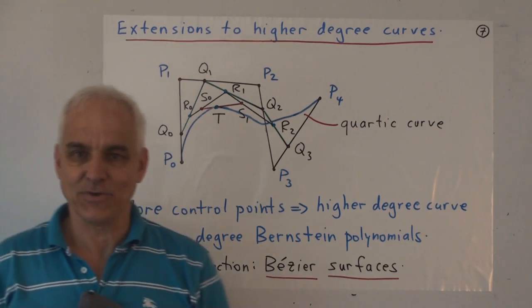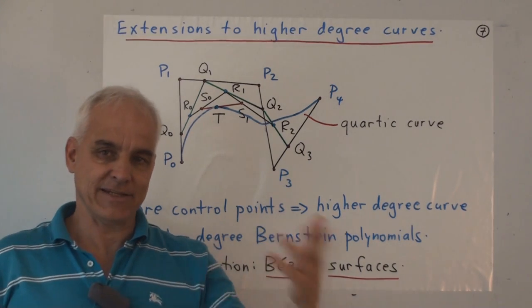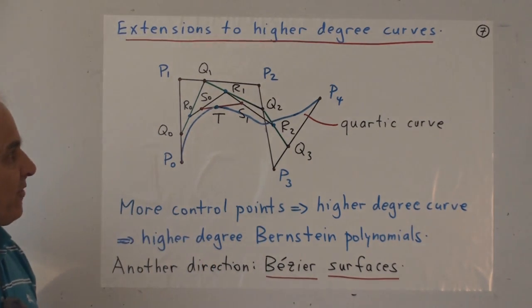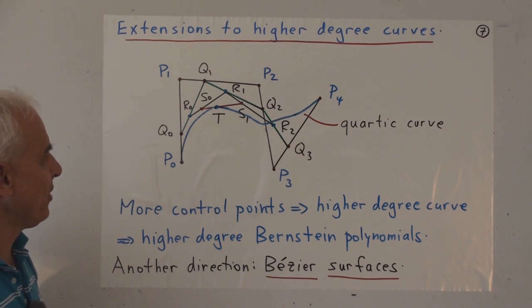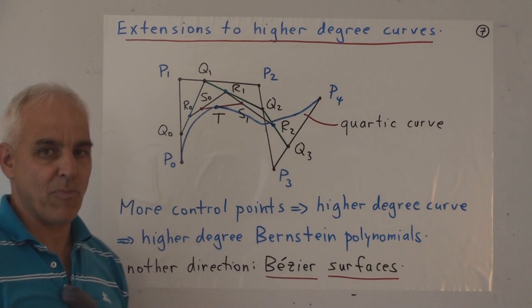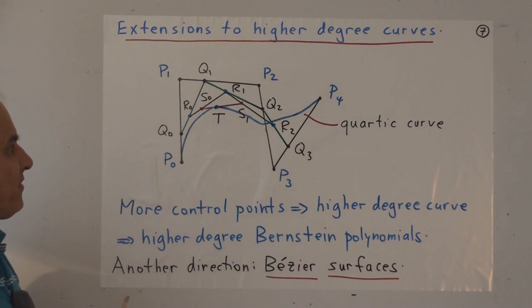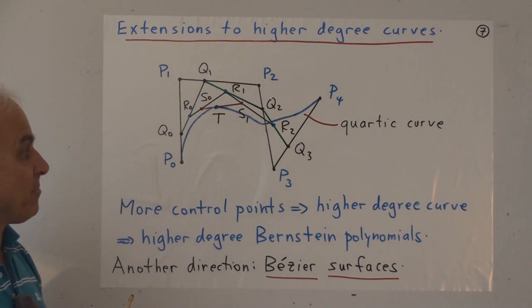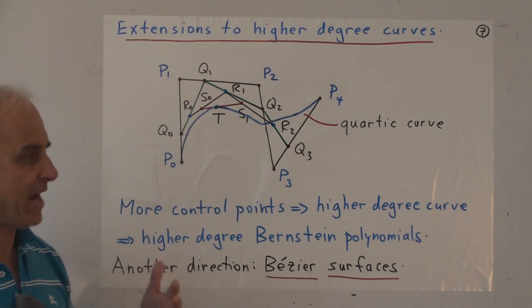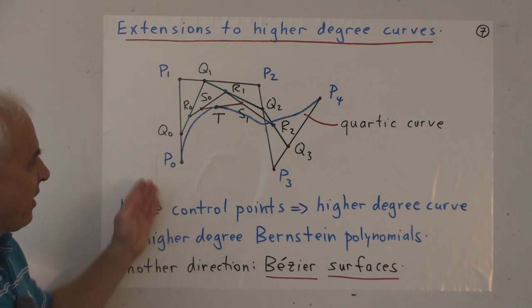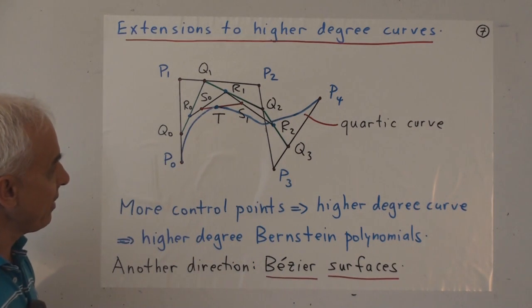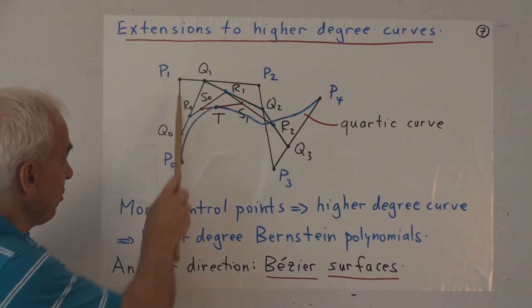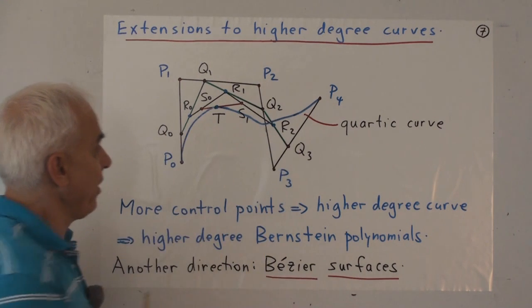And an indication of why it's so nice is that it extends very nicely to higher degree curves. So it's no big conceptual jump to introduce a few more control points and get a little bit more sophisticated behavior, but it's still essentially exactly the same idea. So here I've shown you a quartic curve, this blue thing here, which is generated by 5 control points, P0, P1, P2, P3, P4.